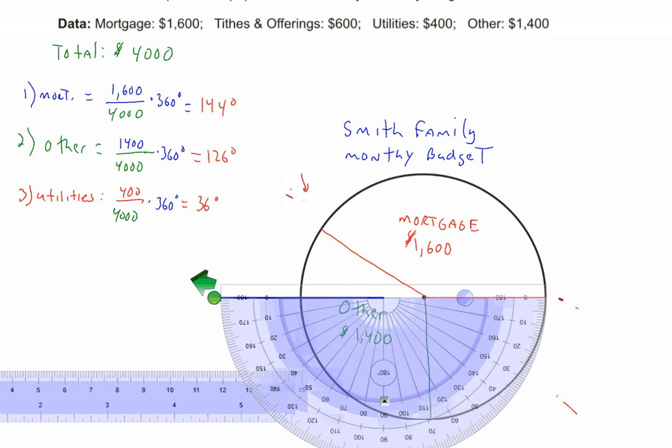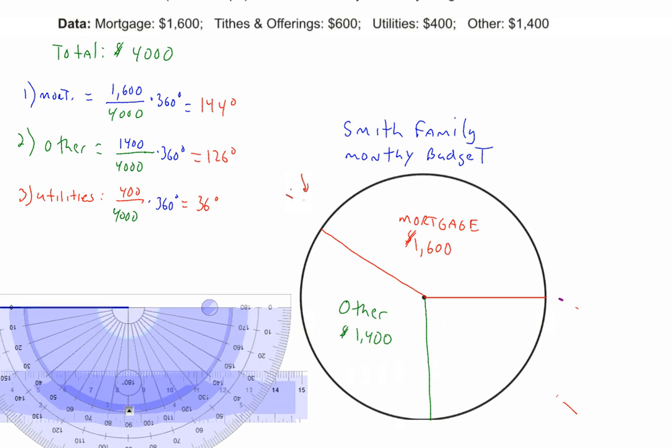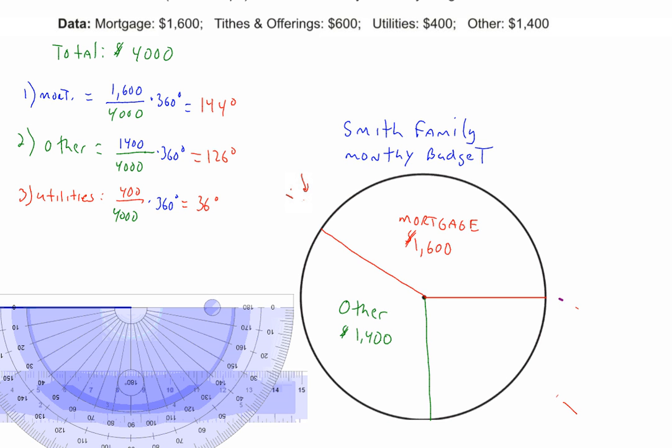Let me move my protractor away. And again, I'm lining that up with a straight edge normally. Don't forget your label, utilities. And again, the amount, $400.